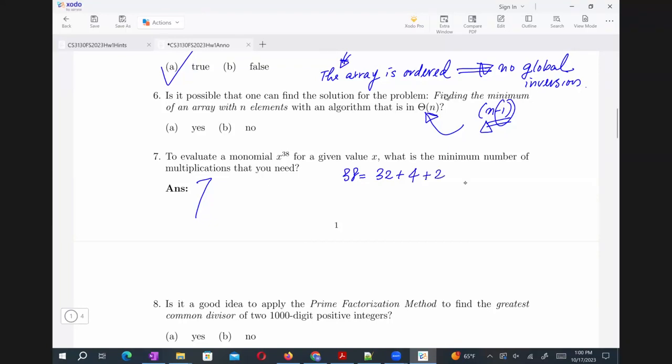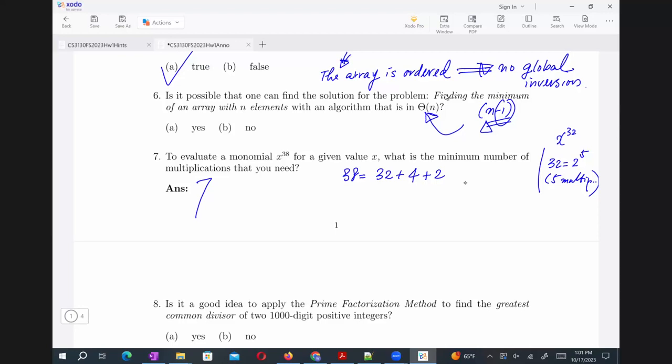Let's count. 32 equals 2 to the 5th. So that means we need 5 multiplications to calculate x to the 32nd power. 5 multiplications.